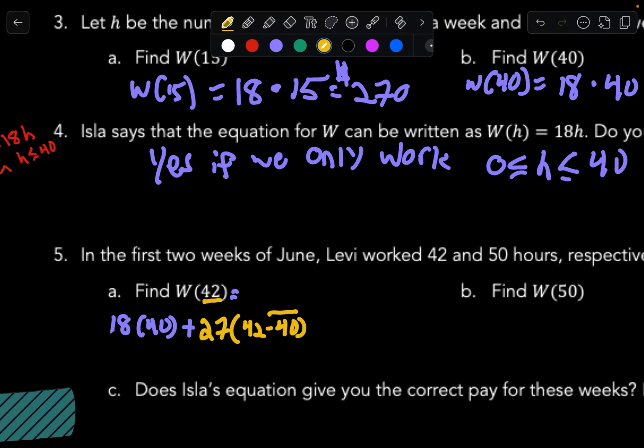Or you could do it in your head and know that that's going to be 42 minus 40, plus 27 times 2.